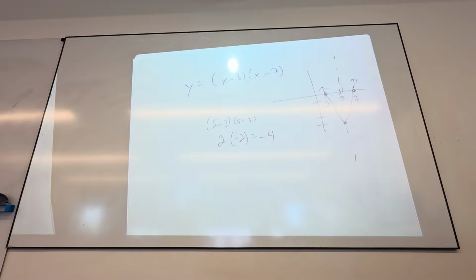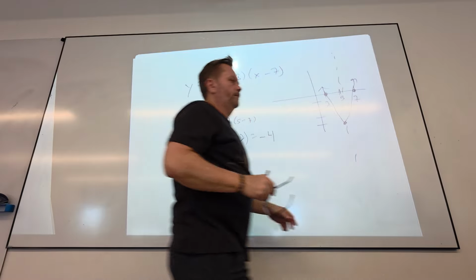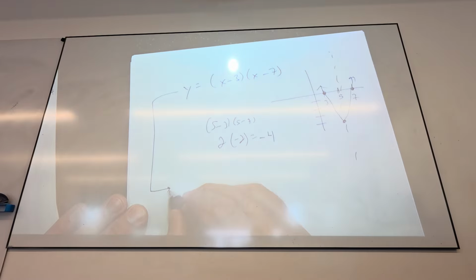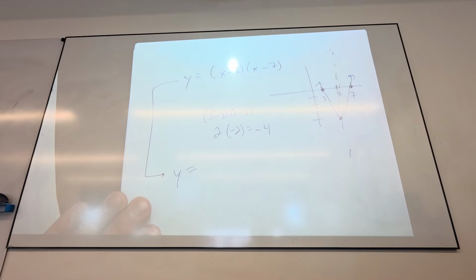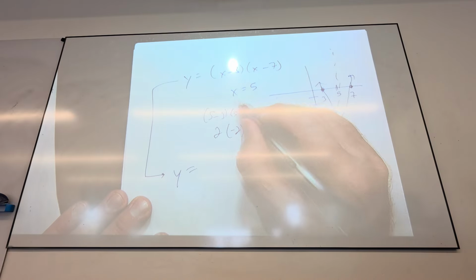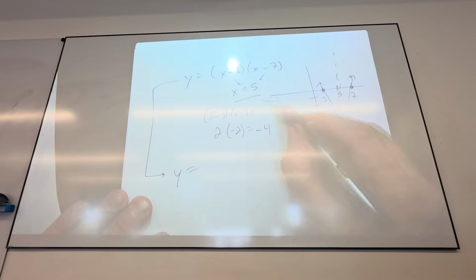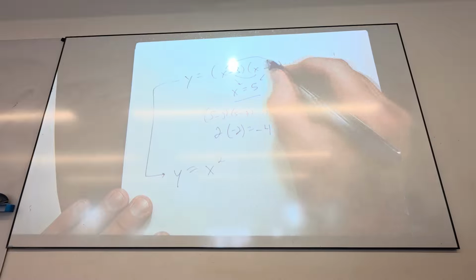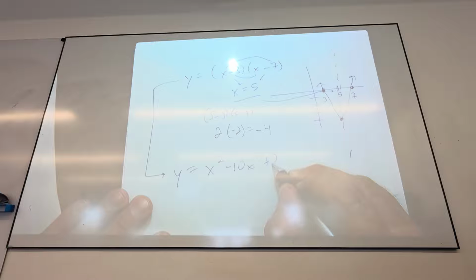So put it into ax squared plus bx plus c. So I get, what do you guys get? X squared minus 10x plus 21.